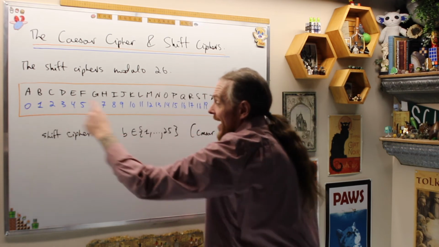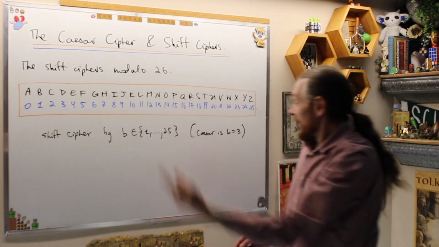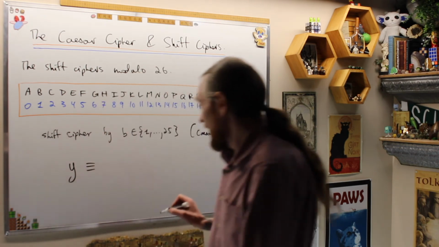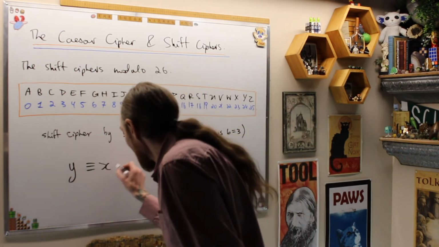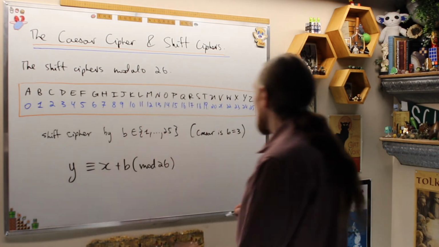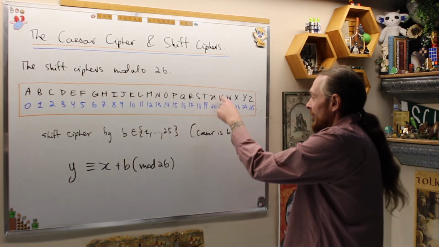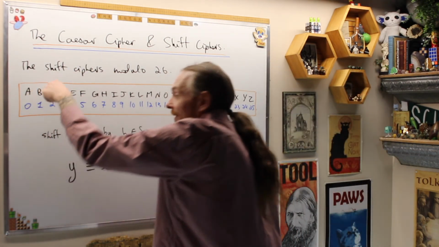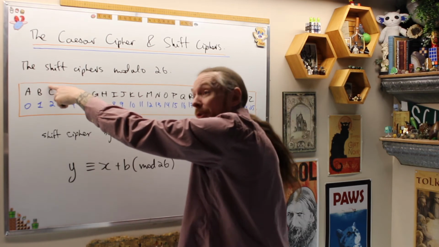Then we're just adding 9 to that digit. Then Y will be congruent to X plus B modulo 26. Because if I take this guy and add 7, it'll be 1, 2, 3, 4, 5, 6, 7. So it's going to turn into a 2 modulo 26.